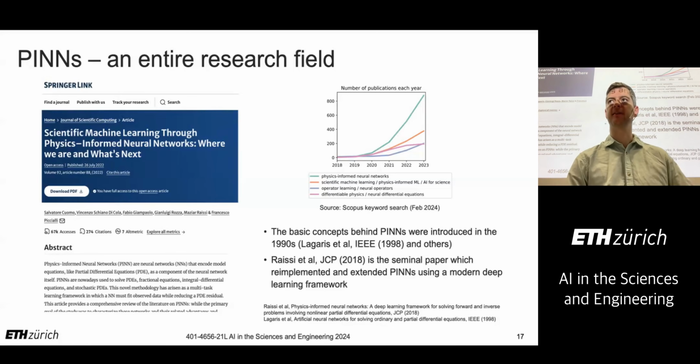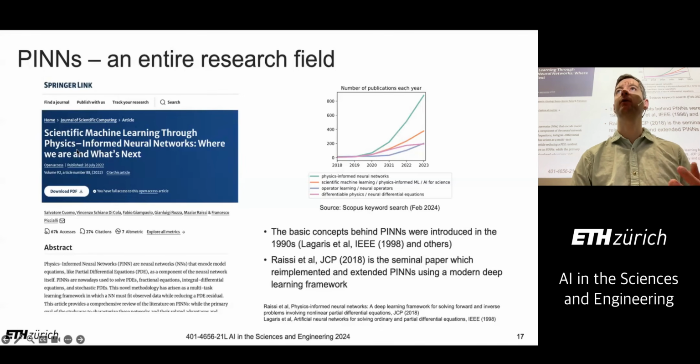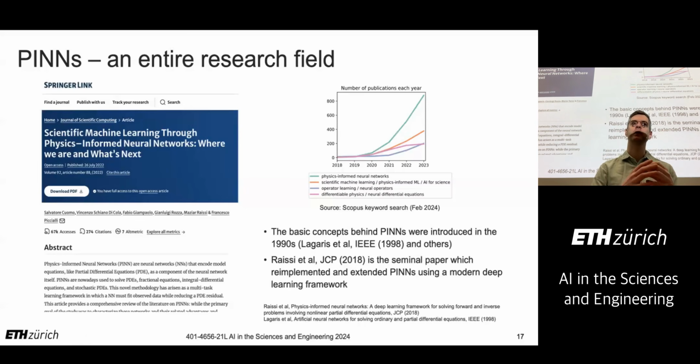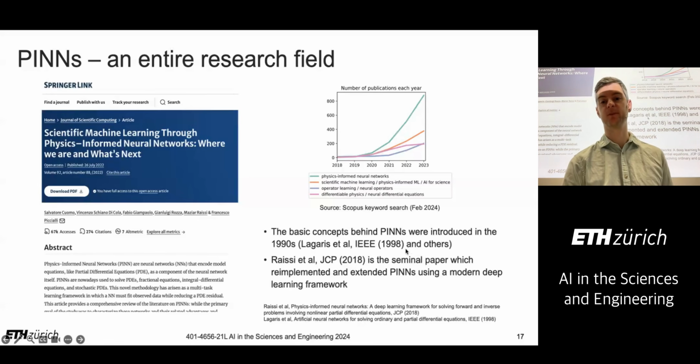But if you really want to get into physics-informed neural networks in more detail, you can have a look at this review paper, which is a fairly good comprehensive review of the whole research landscape on PINNs to date. It's quite interesting to note that the basic concepts behind PINNs, this idea of using a neural network to approximate the solution and then train it using the residual of your differential equation, can be found in papers going back to the 1990s, for example, Lagaris and others.